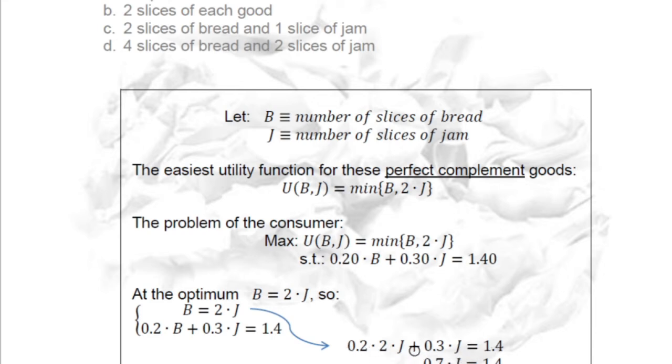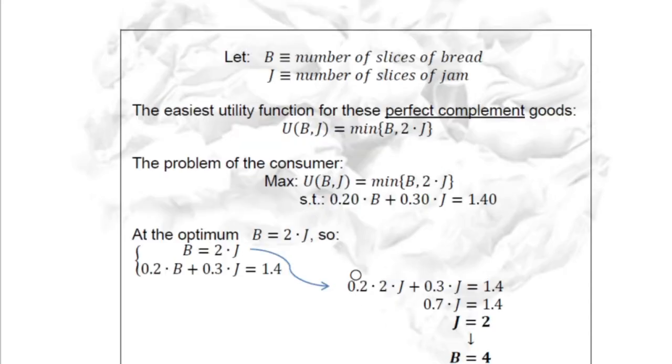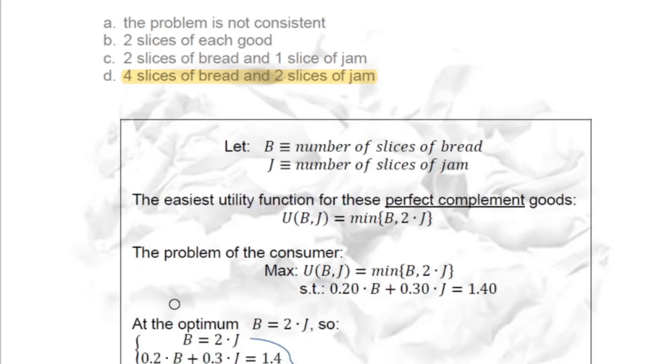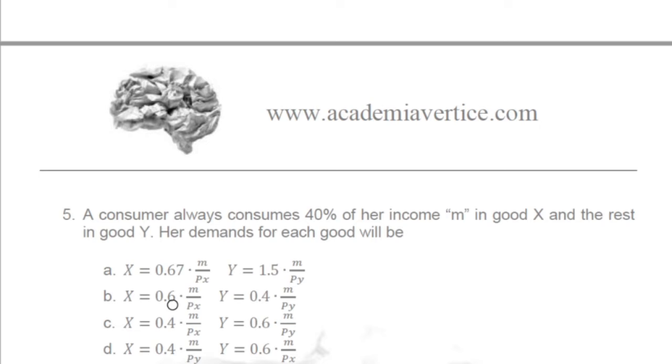So 0.4j plus 0.3j is 0.7j equal to 1.4. So j is equal to 2. And if I consume 2 slices of jam, I would like to consume double of bread, 4 units of bread. As I told you, the perfect complements case is always the easiest one, even with parameters. In this case, it's a very easy exercise, and I hope you all do it.